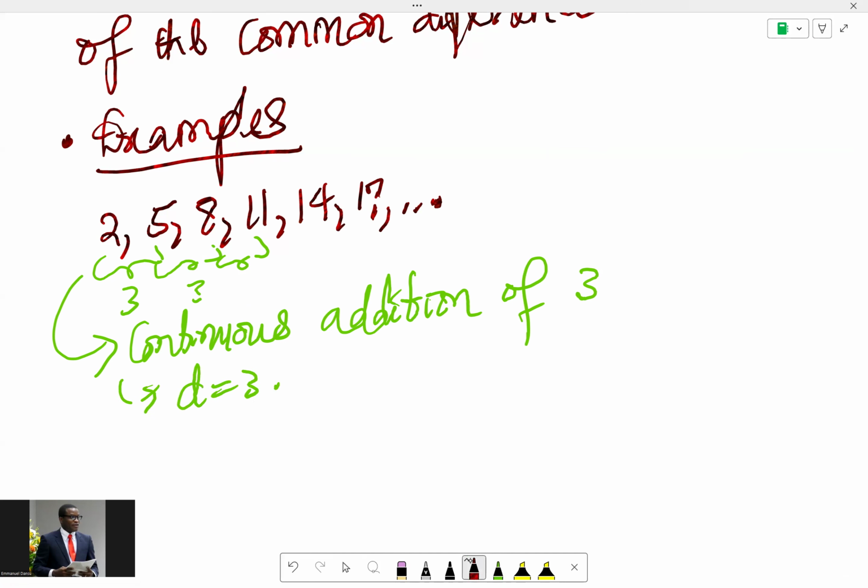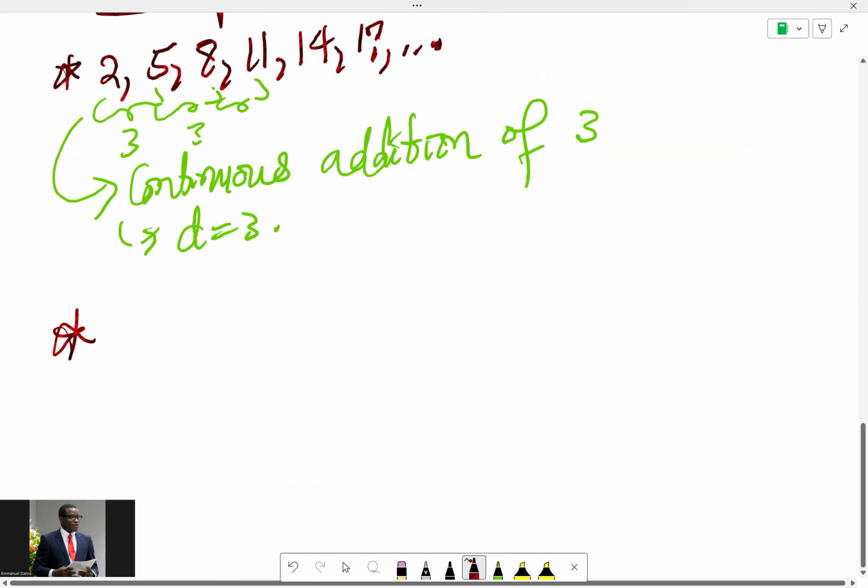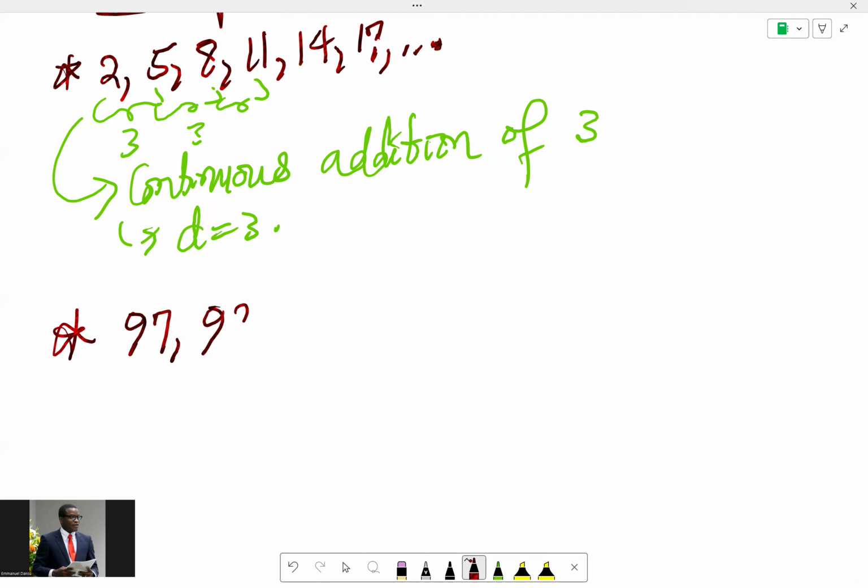Now, let's take another example. Say we have 97, and then 92, and then 87, and then 82, and then 77, and then 72, and that goes on like that.